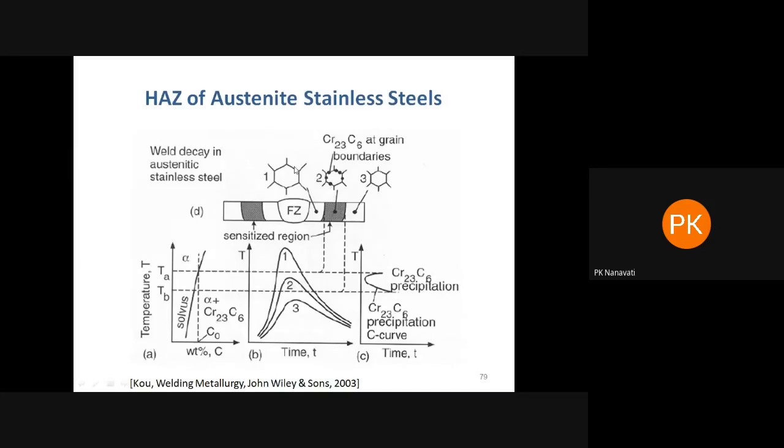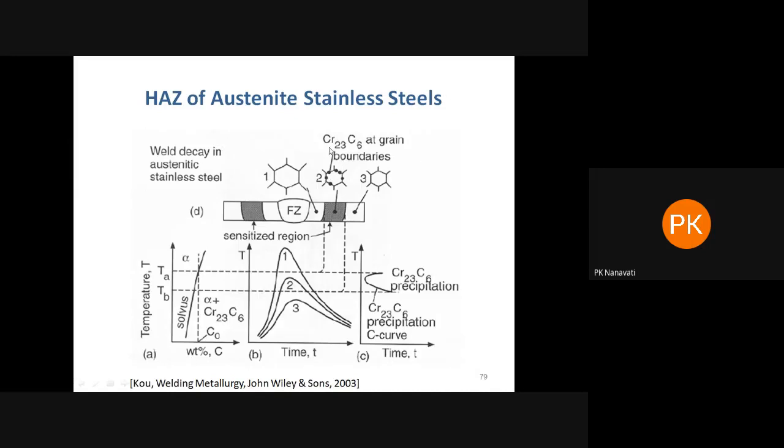You see here, just adjacent to the fusion boundary, in your sensitized region, in your heat affected zone, chromium carbide precipitates along the grain boundary.